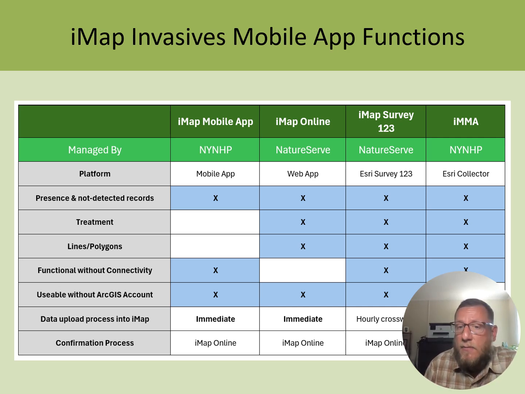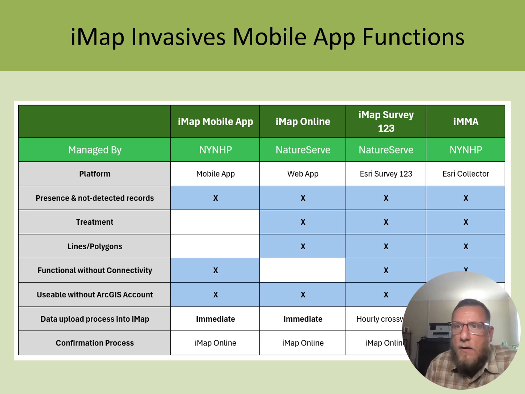So that's the online desktop, and then another mobile app, iMap Survey 123. And the fourth one, the iMMA, that's actually just being created now. It's not necessarily ready for use in Maine yet, but it's being used in New York State as they're the ones that created it, and it's not available for everybody just yet. Still kind of working out the kinks on that one.